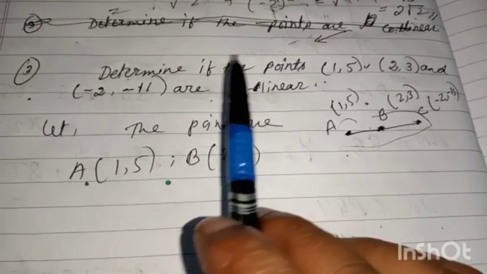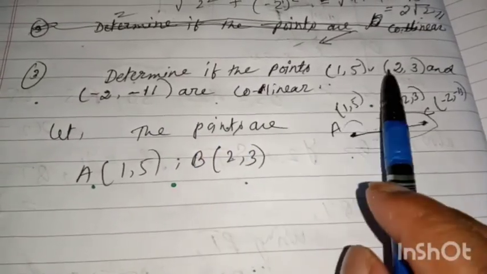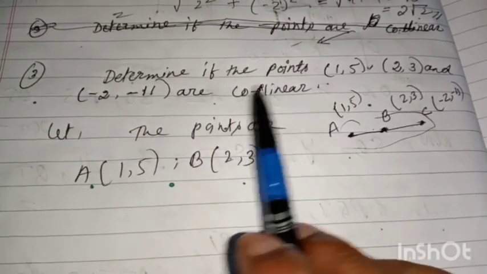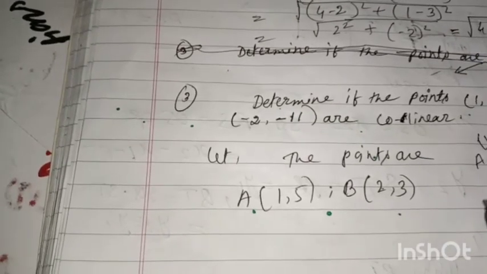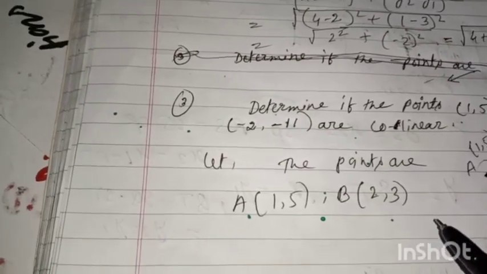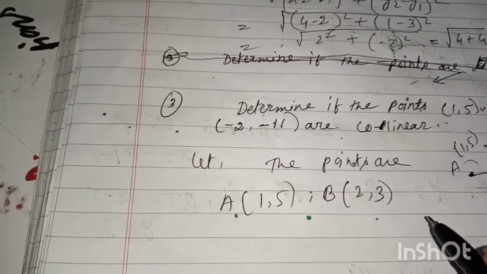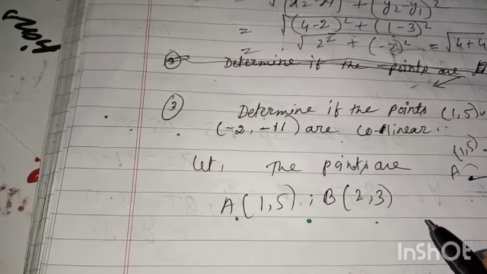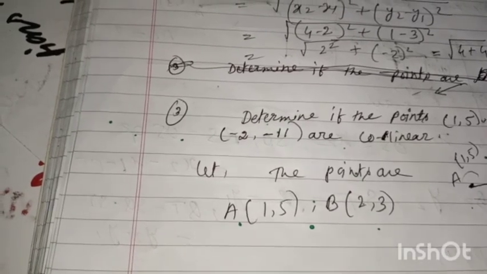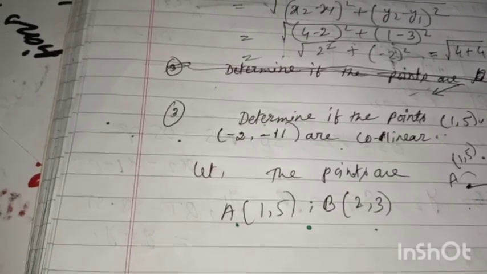Next, determine if the points are collinear. So okay, what I told, determine if the points 1, 5, 2, 3 and minus 2, minus 11 are collinear. Okay, so this means what? So suppose they are collinear.